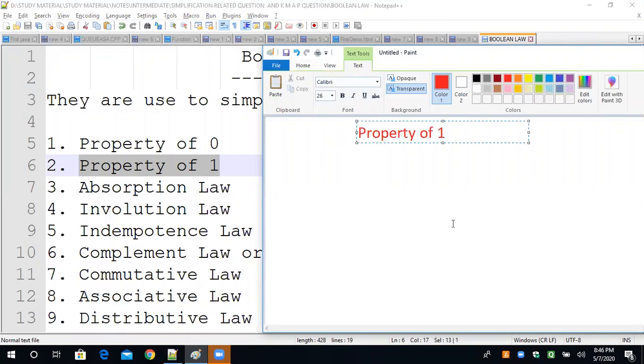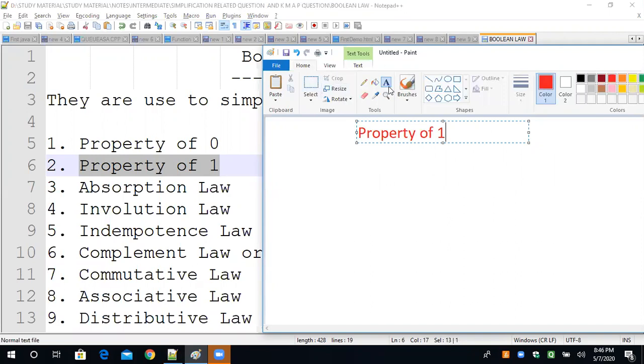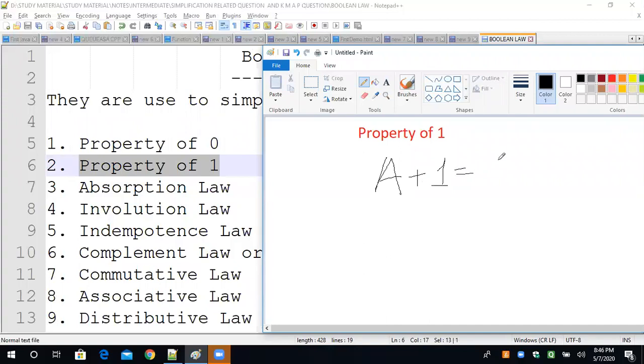According to the property of 1, anything added with 1 or anything multiplied with 1. a plus 1 is equal to 1, and a dot 1 is equal to a. We have to prove this.